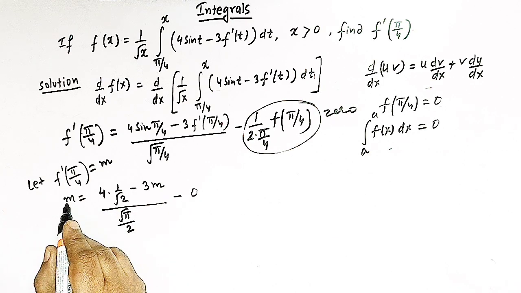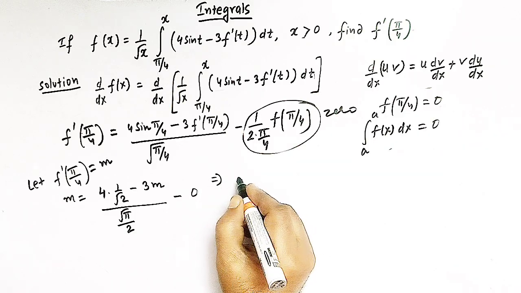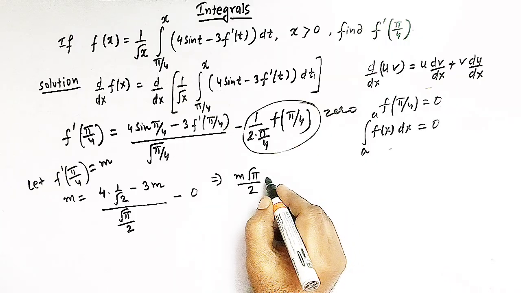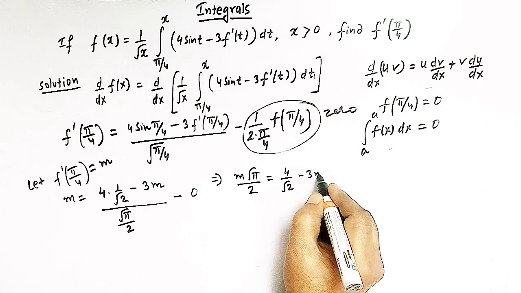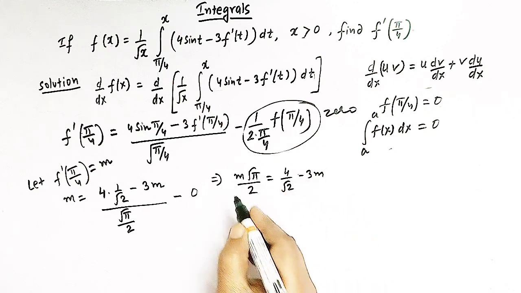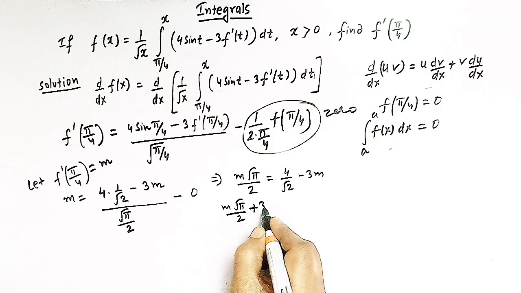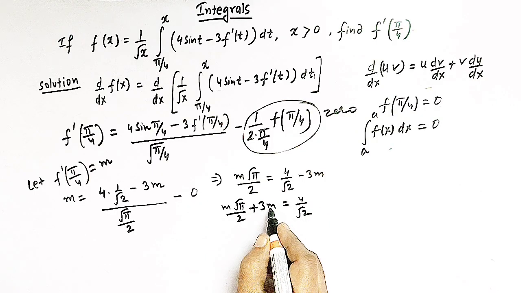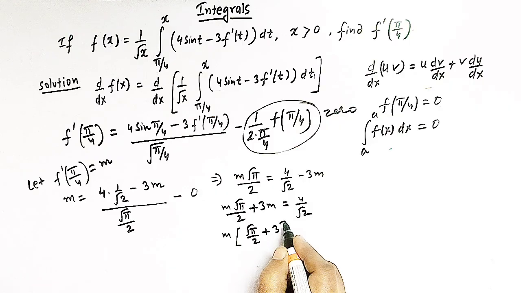So multiplying this m by root pi over 2, we can now write m root pi over 2, and this is equal to 4 over square root of 2 minus 3m. So taking minus 3m to the left hand side, we have m root pi over 2 plus 3m, that is equal to 4 over square root of 2, and taking m common here, we have root pi over 2 plus 3, right?